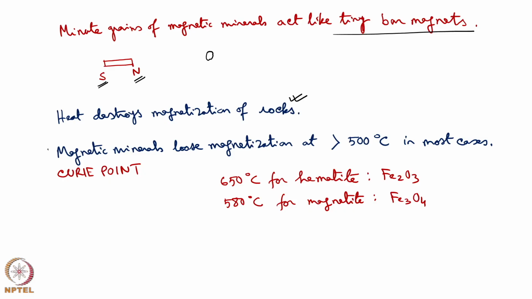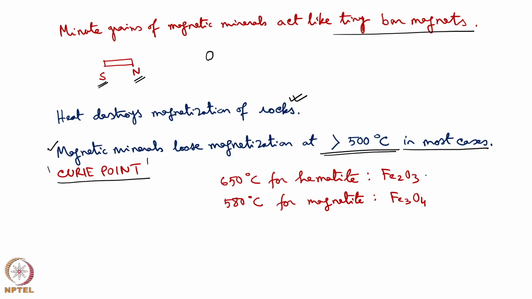And we know from the data set that magnetic minerals usually lose magnetization at more than 500 degrees centigrade. This is an average value, what is said in most cases, and this temperature is called the Curie point. What is the Curie point? It is a temperature beyond which a magnetic mineral becomes non-magnetic.